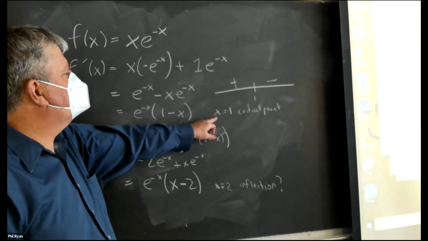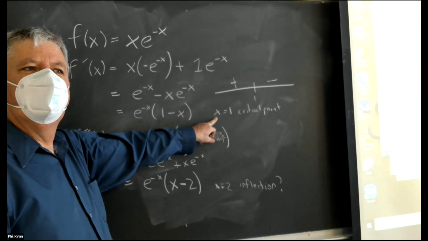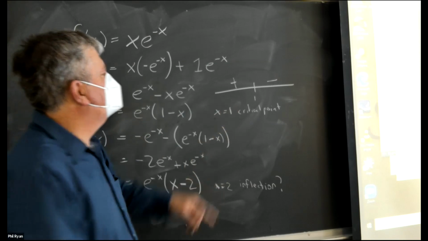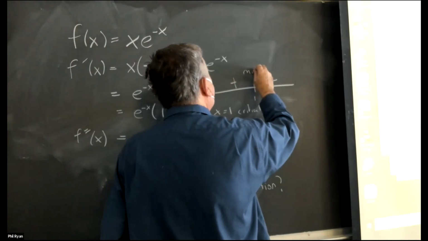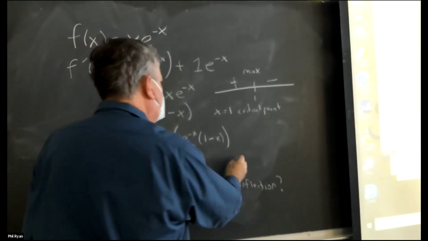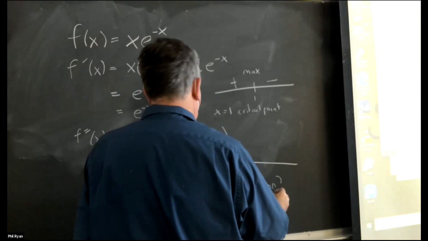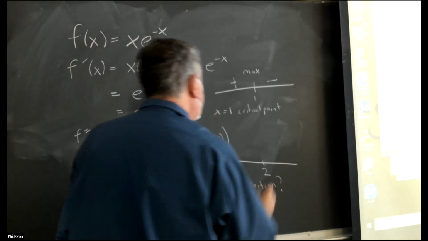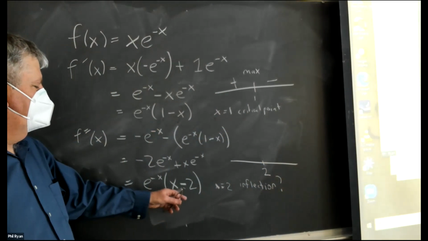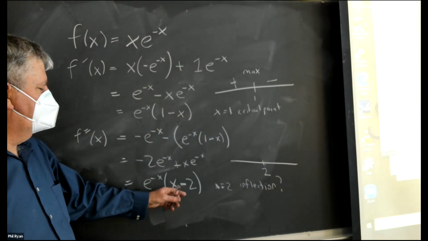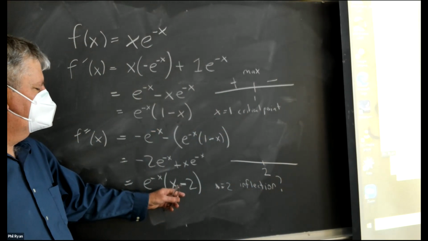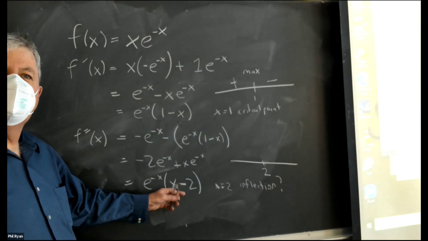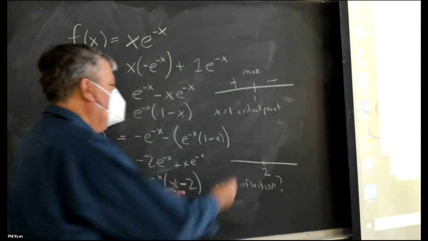Okay, so we've got a max. We do the same thing with the 2. When x is less than 2, something like 1, what is it? Negative.